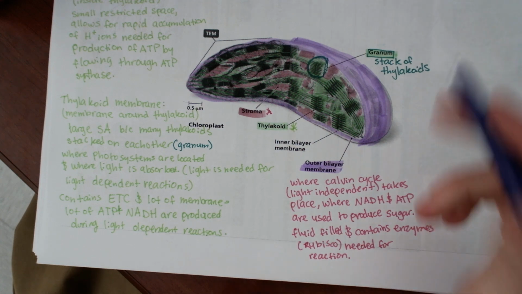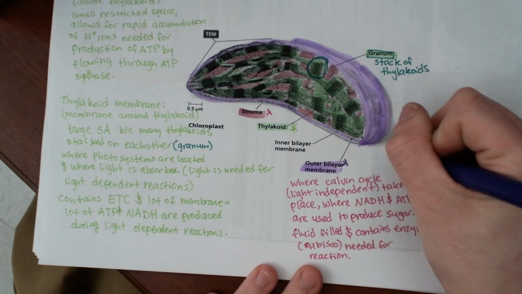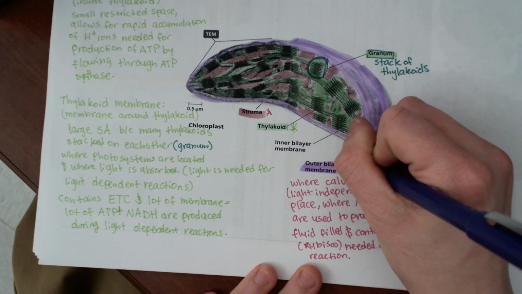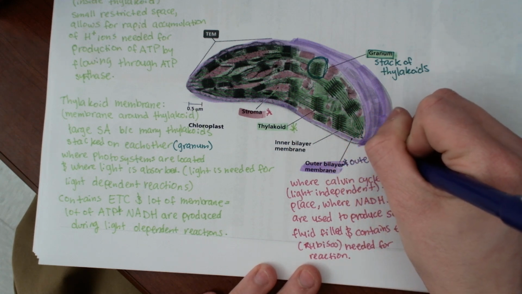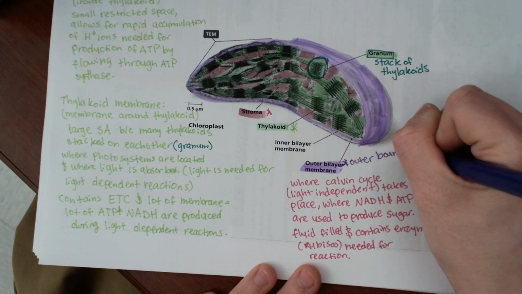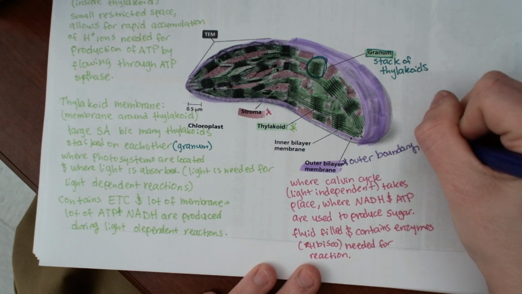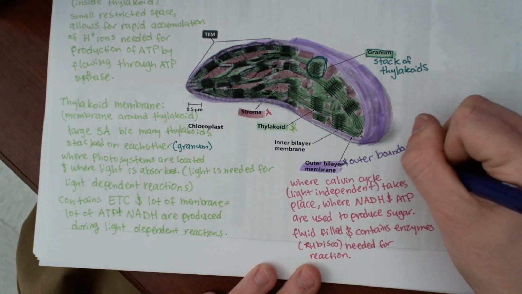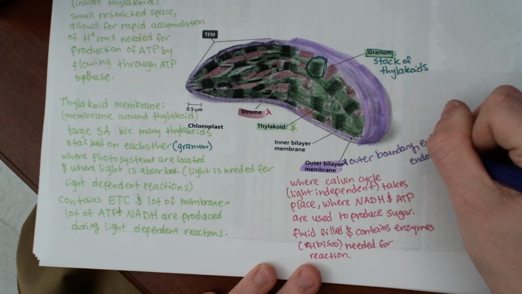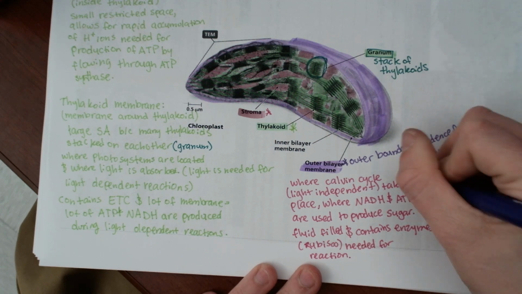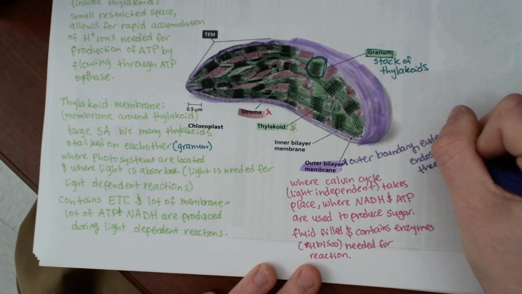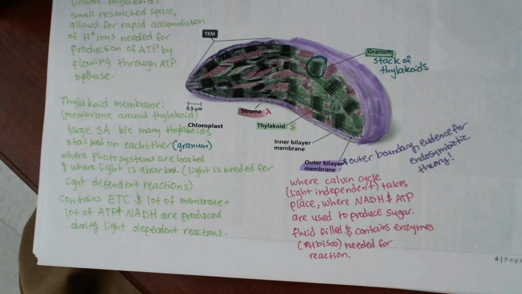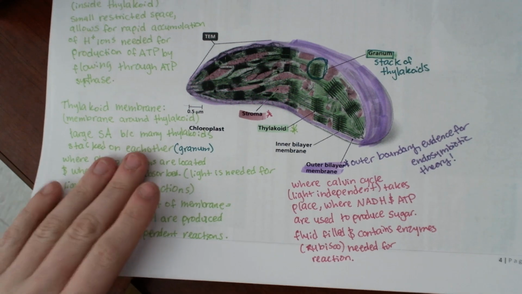And your outer membrane, similar to your mitochondria, is just an outer boundary and evidence for endosymbiotic theory. And that's it. Thank goodness.